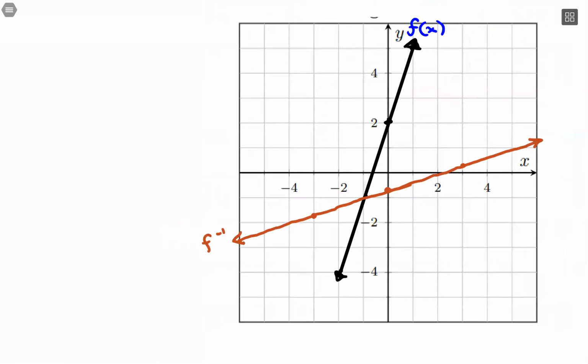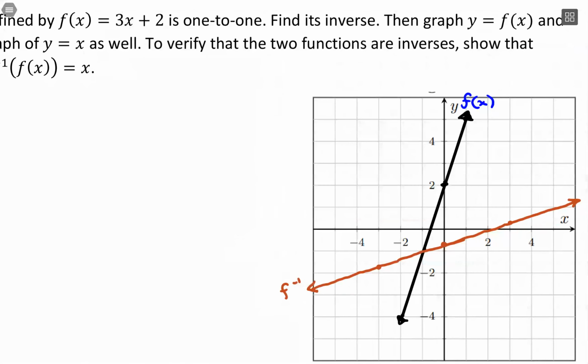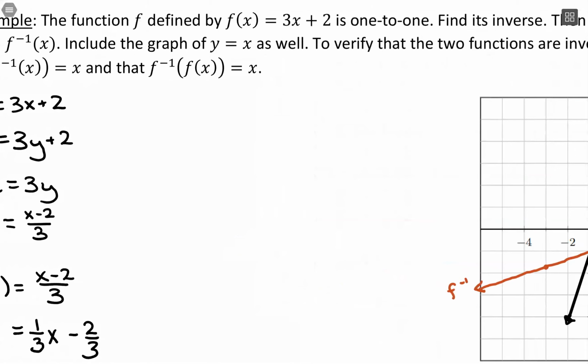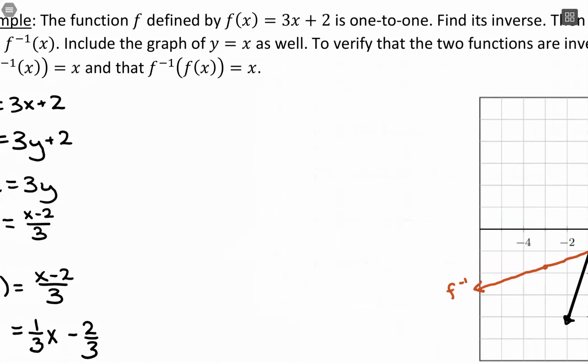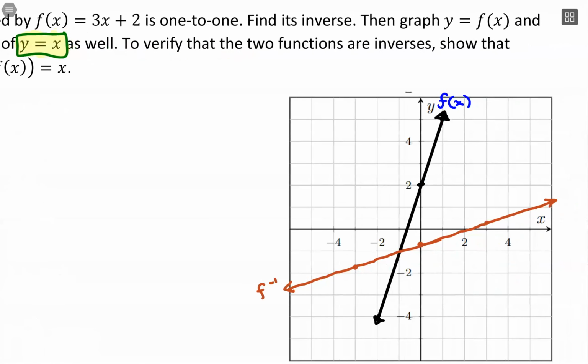So, what we can see here is the graph of our original function and the inverse function. We're also going to graph y equals x. So I'm going to make this a green line. And y equals x looks like this.